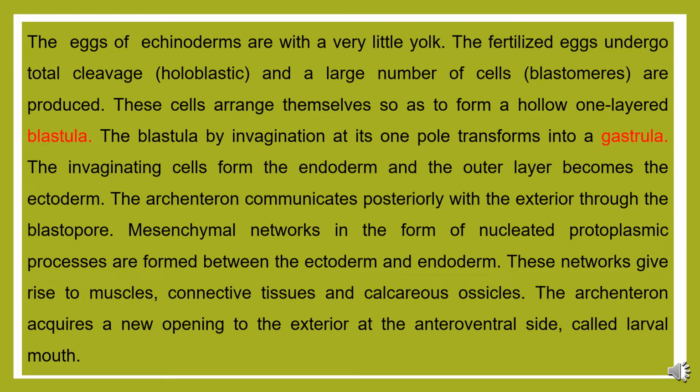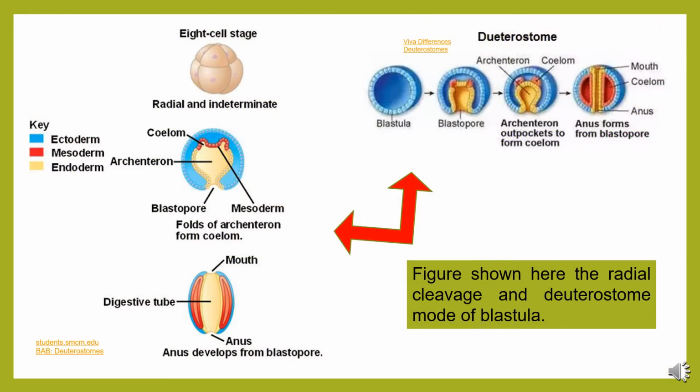The archenteron acquires a new opening to the exterior at the anteroventral side, called the larval mouth. The figure shown here presents the radial cleavage and the deuterostome mode of blastula development. Here you see the anus develops from the blastopore.